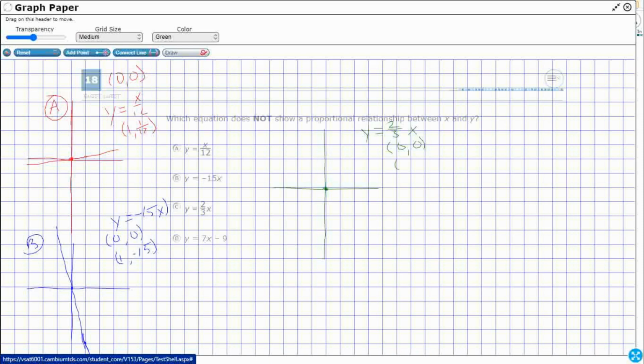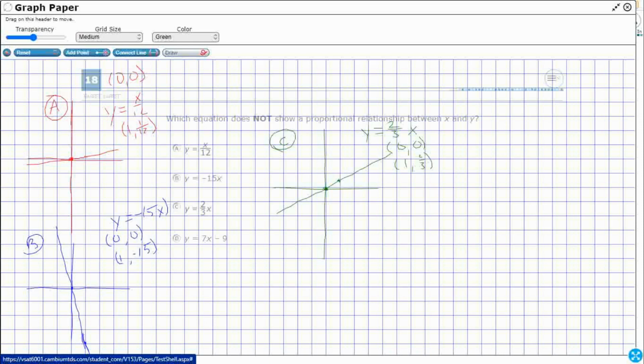And let's see what happens if x is 1, then y is going to be 2/3. So just plot 2 points. Start with x is 0, x is 1. Those are super easy. And so we'll make that go right there. So that's going to look like A. It's going to be a little bit more steep of a slope, but still not much. Okay, so this is your C.